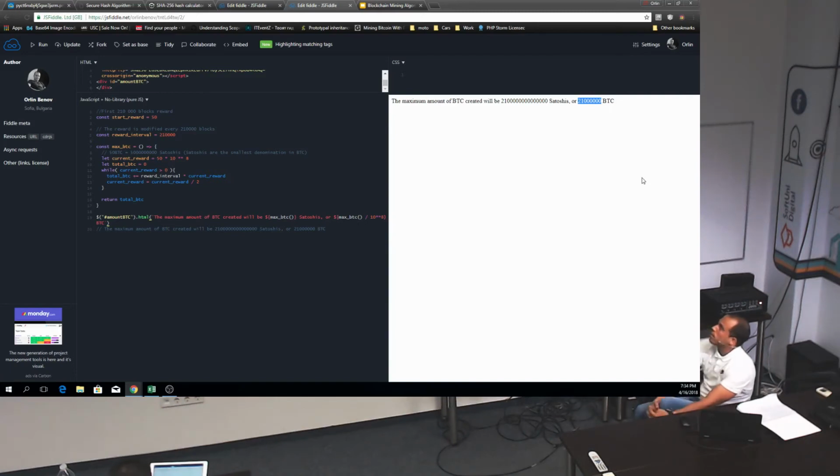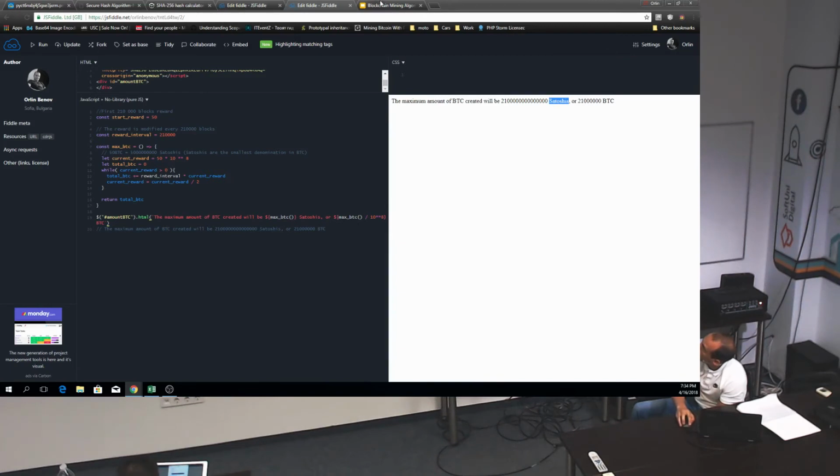If you wonder what is Satoshi, that's the smallest value of Bitcoin, by the way. But with this small piece of code, we could easily calculate that the total amount will be around 21 million Bitcoin.